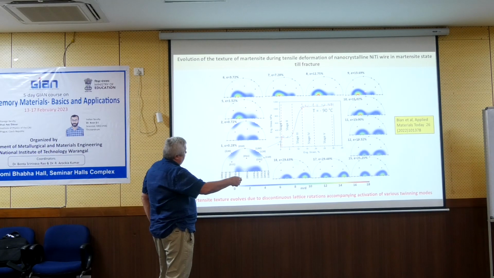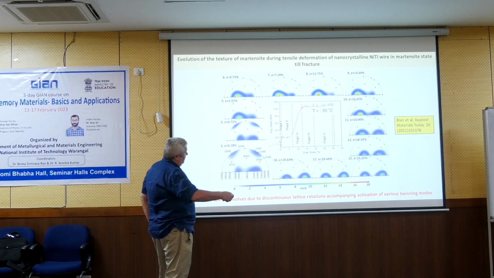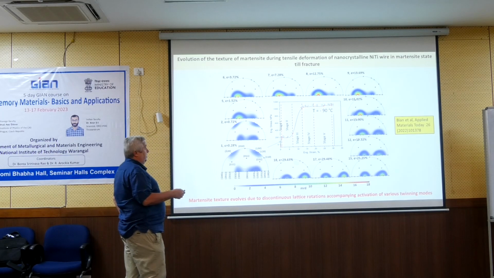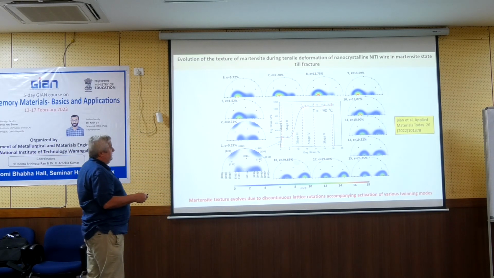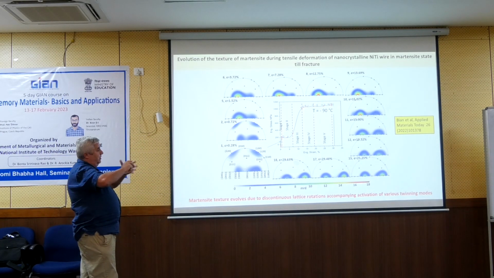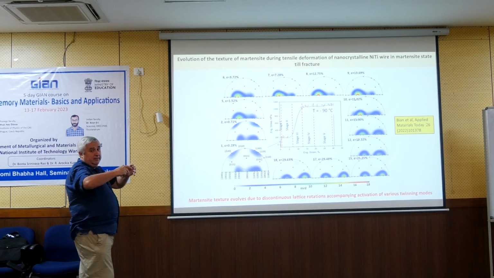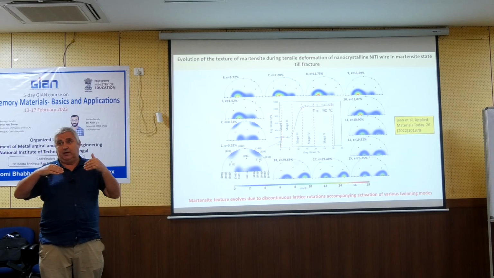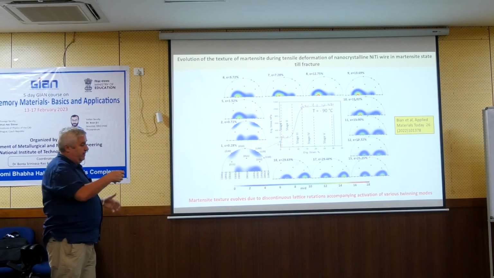When it deforms plastically, suddenly you see that the intensity here is decreasing and here is increasing and moves to the right. So it's absolutely clear that the plastic deformation is connected to reorientation of the martensite. Before I was talking about that when I was talking about the austenite. Now I'm talking about the martensite.